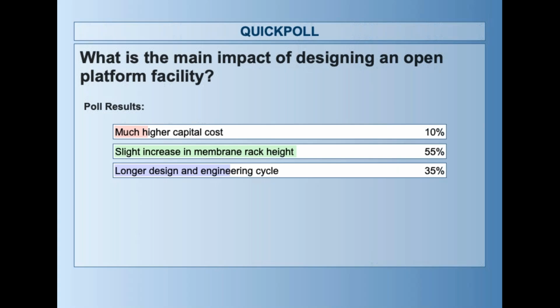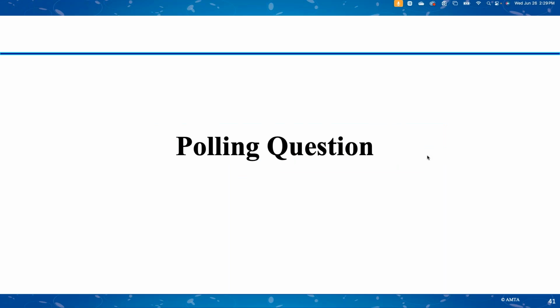But doing a flexible system doesn't add any time in terms of engineering and design once you've done the initial work and set up your system. The capital cost is very insignificantly impacted. You're talking a couple of spools and a few couplings, and it's insignificant.